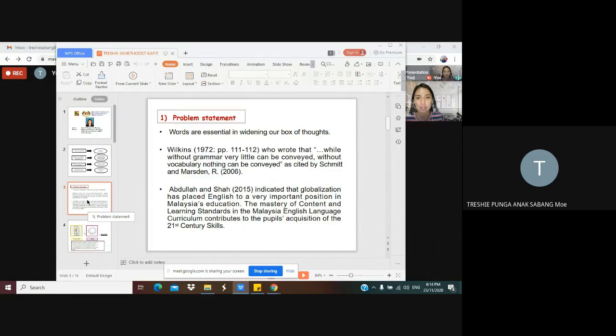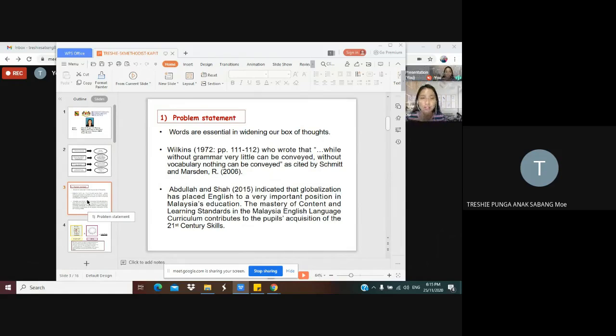As we believe, when there's no word, there's no communication, there's no interaction. Wilkins wrote that while without grammar, very little can be conveyed, without vocabulary, nothing can be conveyed. So in order to create a student with good basic grammar, we must focus first on the vocabulary.